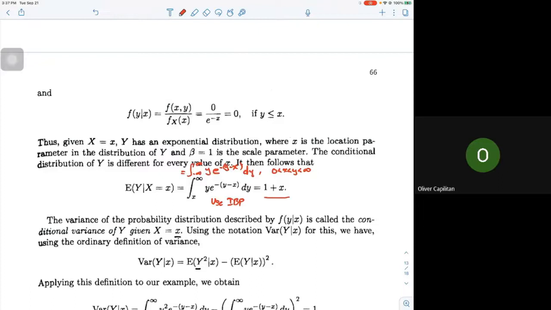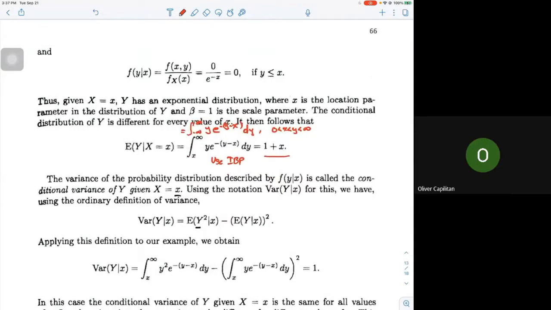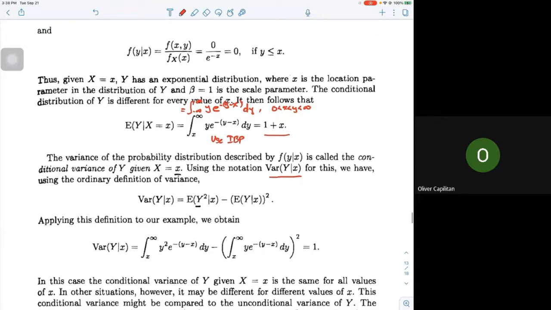We can also compute the variance of the probability distribution described by this conditional probability density function. So the conditional variance of y given x, this is our notation. Using the ordinary definition of the variance applied to this, the conditional variance of y given x would be equal to the conditional expectation of y squared given x minus the square of the conditional expectation of y given x.